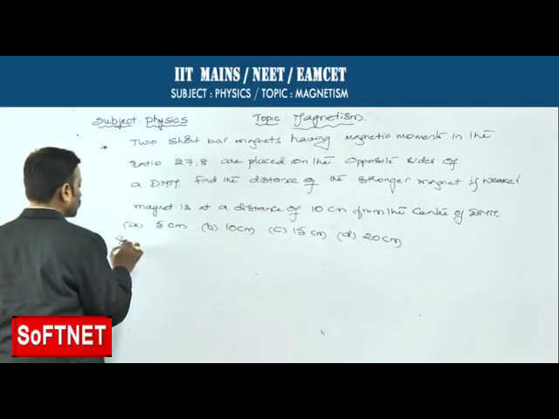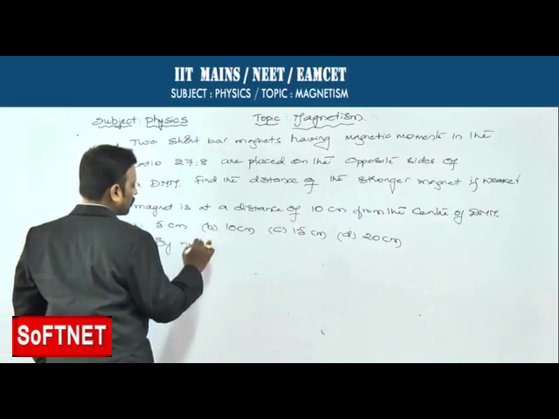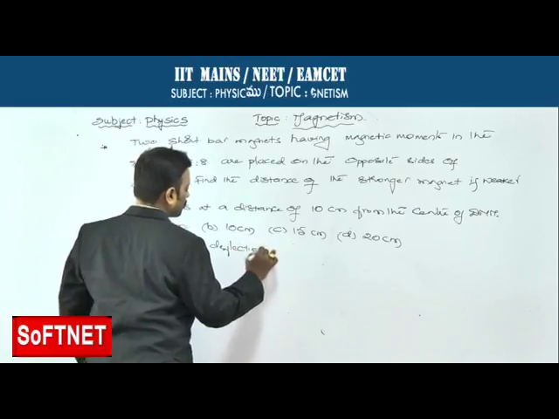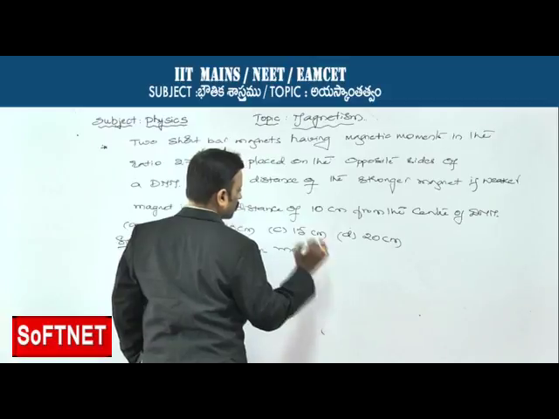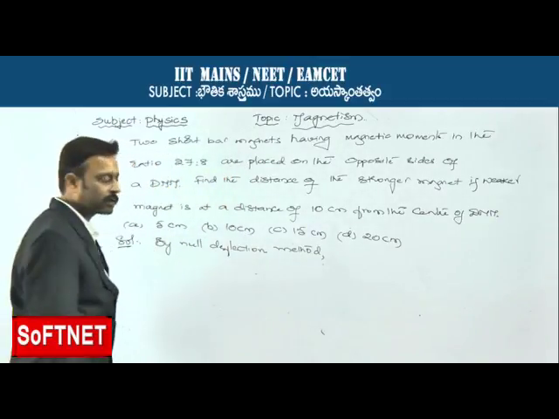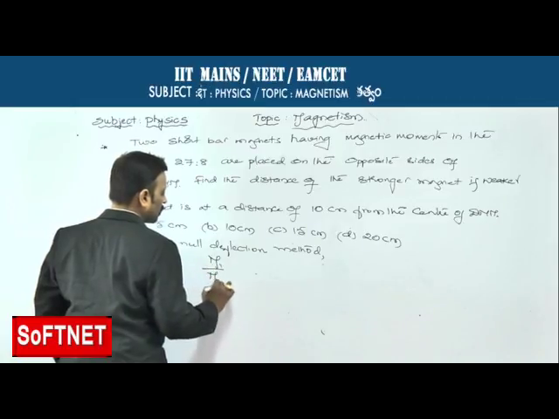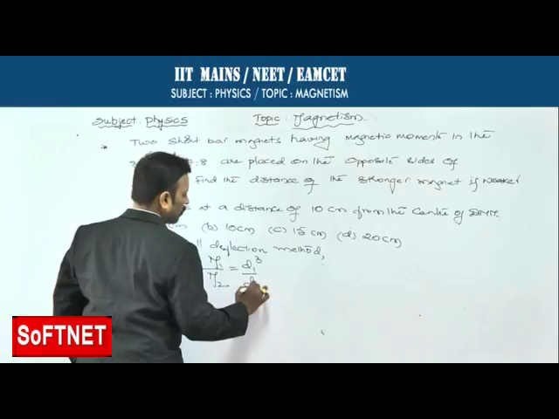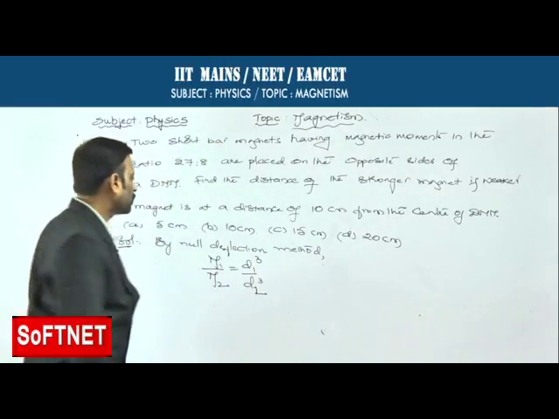Now look at the solution. By the null deflection method, the formula to calculate the magnetic moments of the given two bar magnets is m1 by m2 is equal to d1 cube by d2 cube.